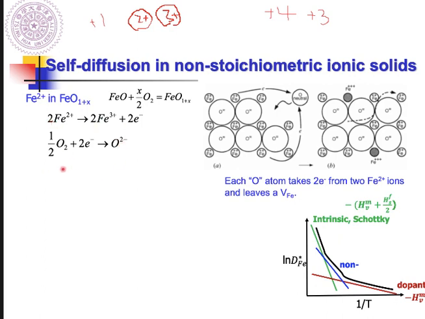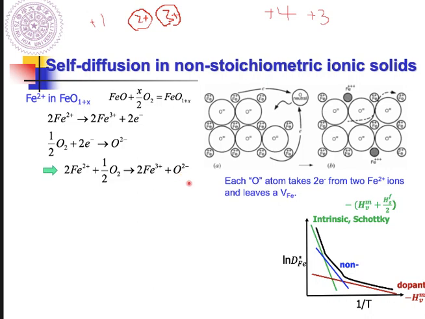Based on this, you just summarize, you just add these equations up. So what you have here is iron ions with two positive charge, then we flow oxygen, then some iron is converted to three positive charge, and we have oxygen ionic atoms.